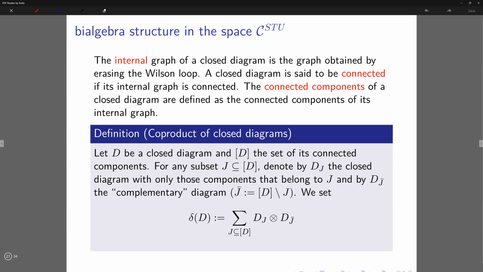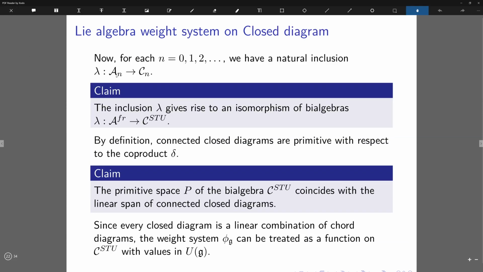So the set of connected components of a chord diagram is just all the chords. So these two definitions are all the same, which gives us a natural inclusion from A_n to C_n. And I claim that this inclusion is actually an isomorphism, an isomorphism of bialgebras from A mod the four-term relation to C mod the STU relation.